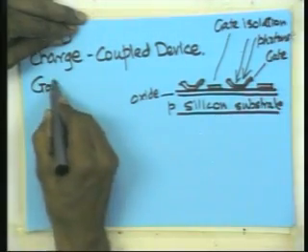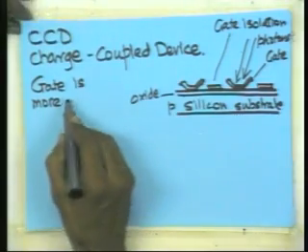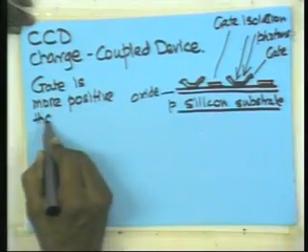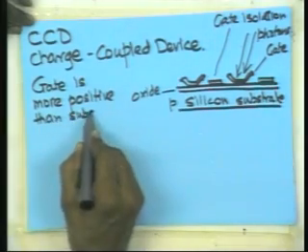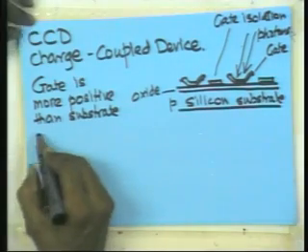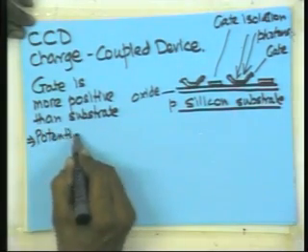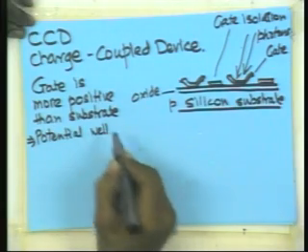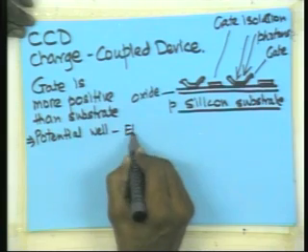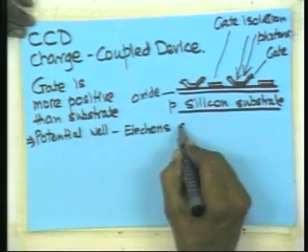When the gate is more positive than the substrate, a potential well is created, where electrons will get stored. So electrons accumulate.